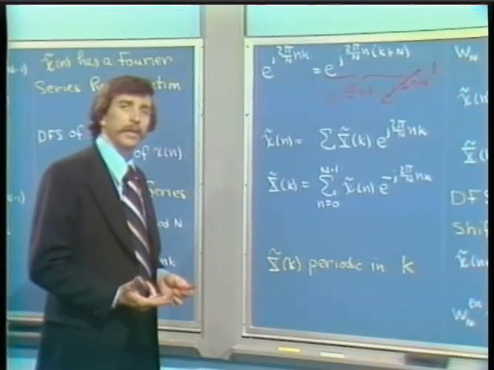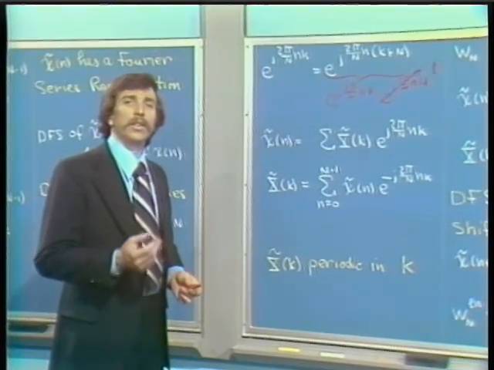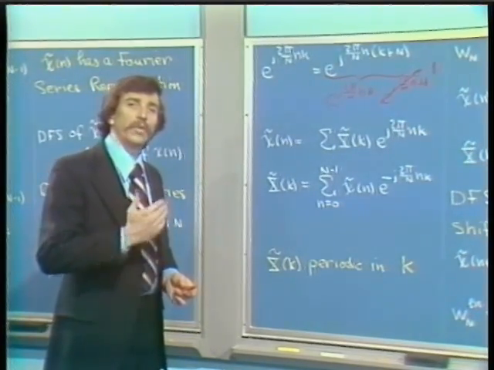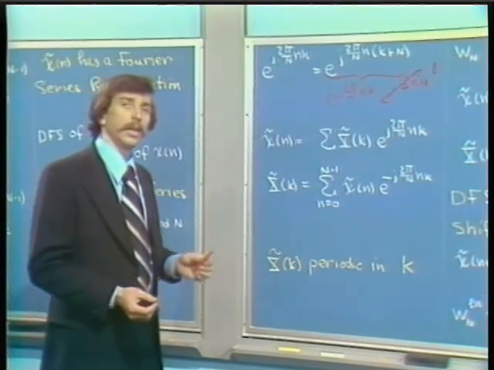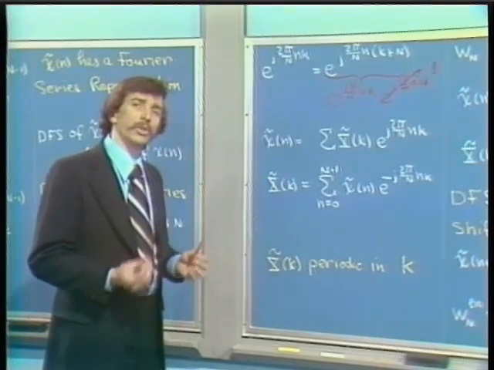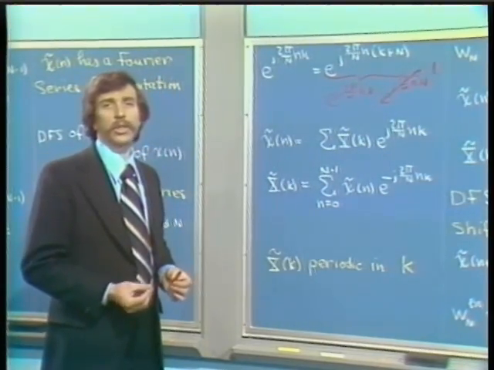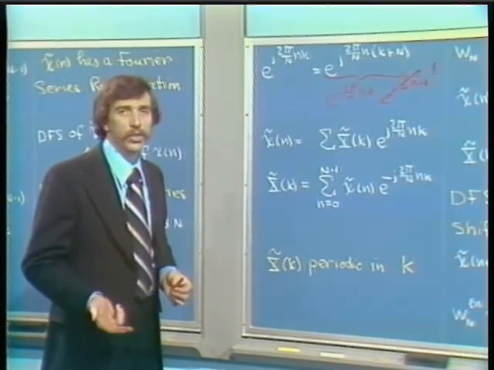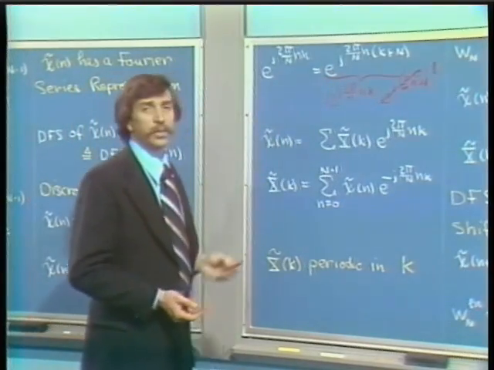The point being that sinusoids in the discrete time domain, as we vary sinusoids in frequency, we've seen time and again, in the range 0 to 2 pi, in fact, those are all the sinusoids that we can generate. And if we keep going in frequency, we just simply see the same ones over again. So this is a consequence of that.